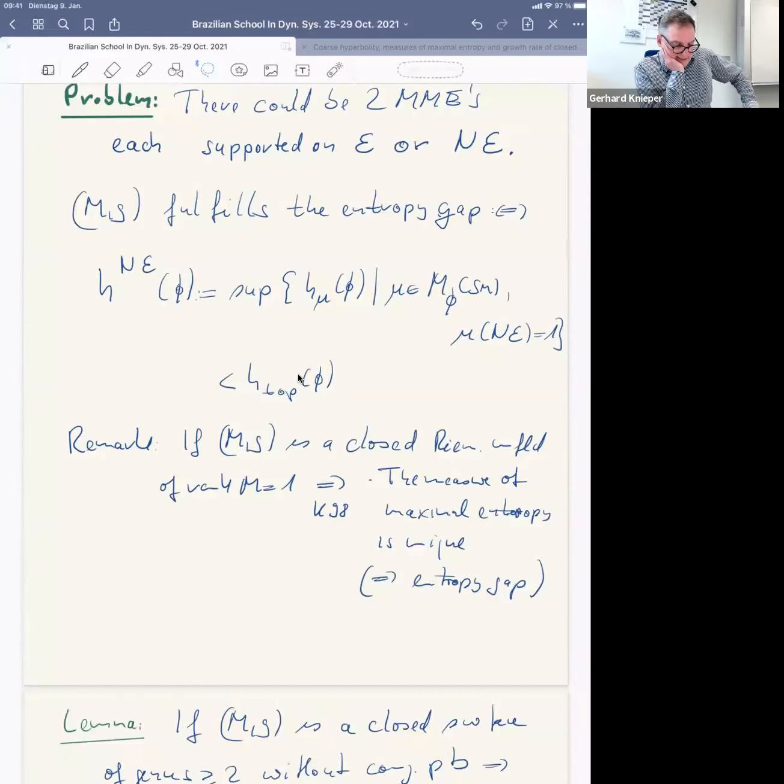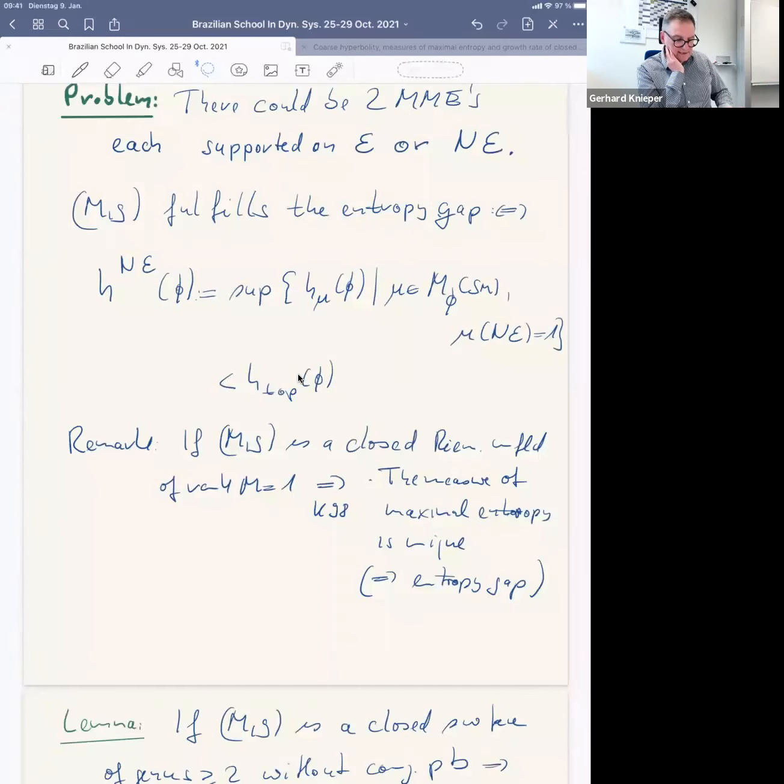And in this paper, I actually proved the uniqueness of the measure of maximal entropy without using this gap. I just proved it with some geometric methods. I proved that the measure is unique, and I deduced from that the entropy gap, because if it's unique, you cannot have another measure staying in the non-expansive set with the same topological entropy.